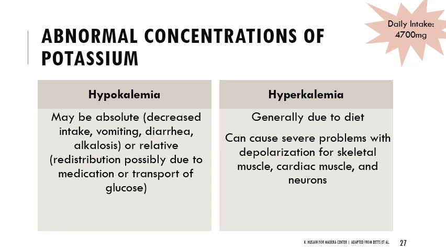So if you're not getting enough potassium in your diet, vomiting, diarrhea, or alkalosis can all cause absolute hypokalemia. Relative hypokalemia is usually due to redistribution. So if certain types of medication, or if you're having to use potassium to transport glucose, then you don't have access to it, and so that's considered relative hypokalemia. Hyperkalemia is generally due to diet, so excess potassium in the diet.